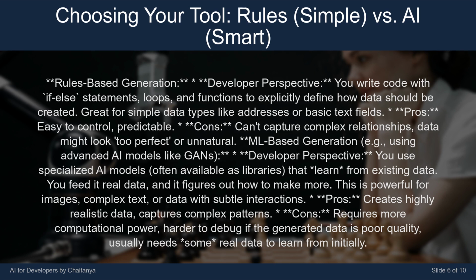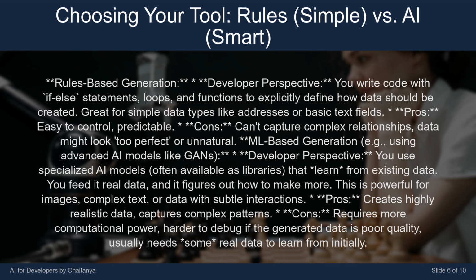ML-based generation, e.g., using advanced AI models like GANs. Developer perspective: you use specialized AI models, often available as libraries, that learn from existing data. You feed it real data, and it figures out how to make more.